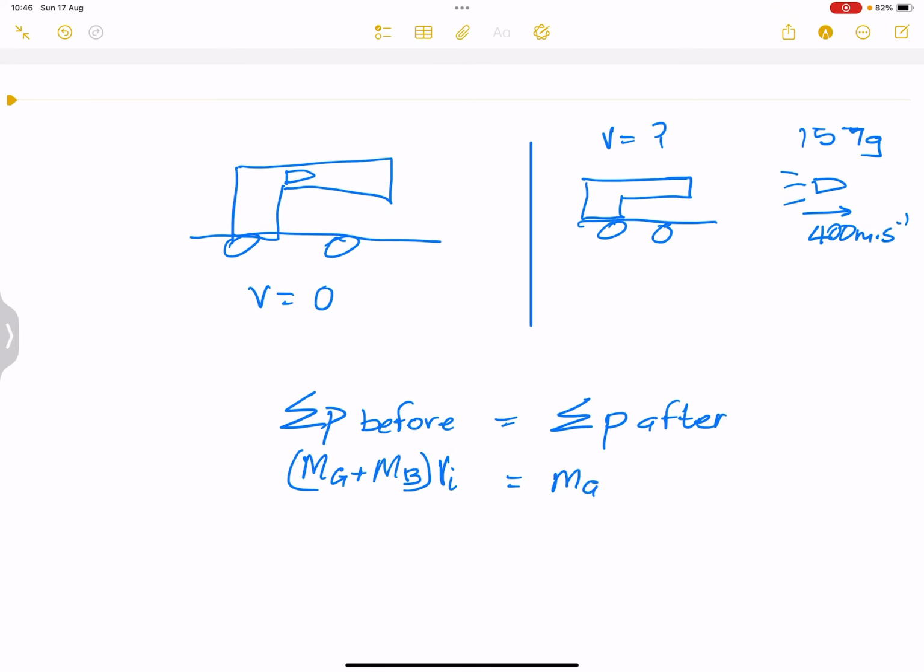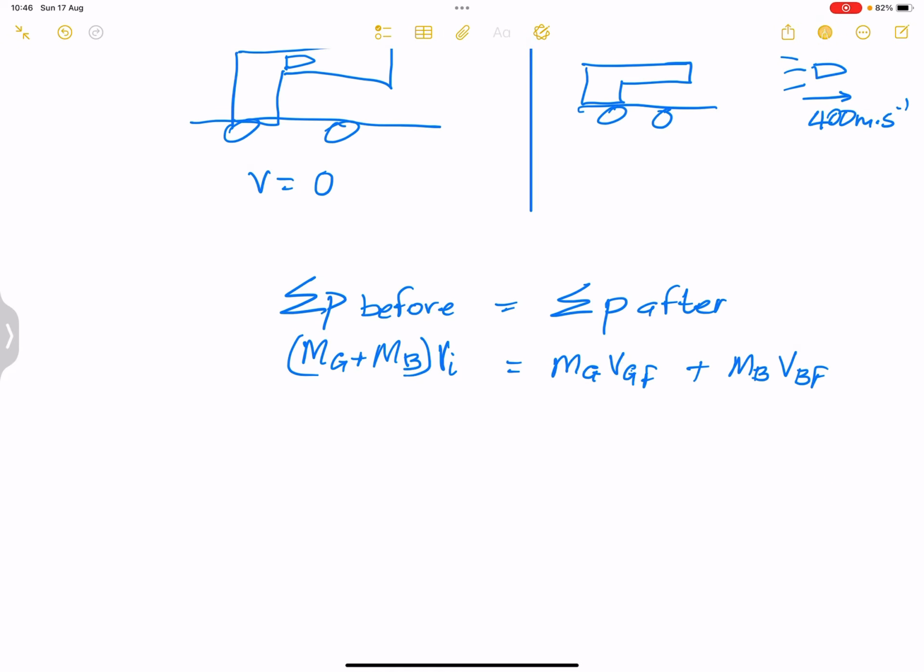This is mass of the gun, velocity of the gun after collision, mass of the bullet, velocity of the bullet after collision. And it's very important for us to choose a positive direction. So I'm going to take the direction of the bullet, to the right, or you can say to the east, as positive.